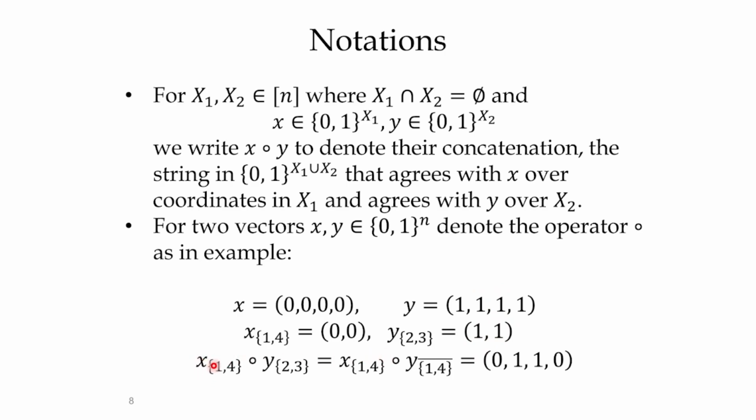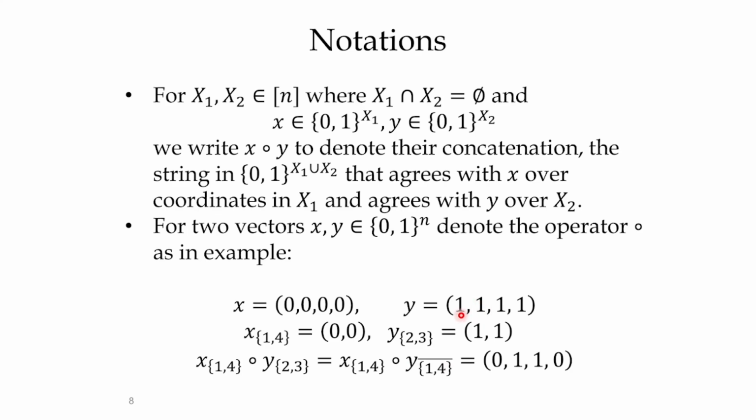So the concatenation between x_{1,4} and y_{2,3} would be the same as x_{1,4} and the concatenation with y restricted to the complement bar of {1,4}.